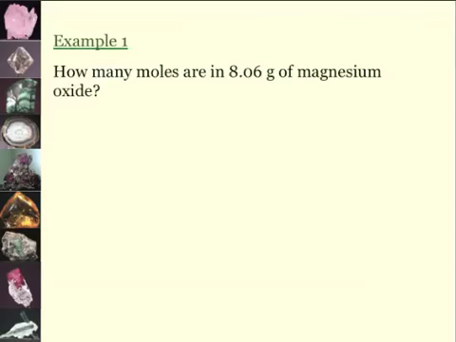So if we have an example here, example 1, how many moles are in 0.86 grams of magnesium oxide? Well, first of all, we have our mass, okay? We need to figure out our molar mass, and in this case, we figure that out by using our periodic table, okay? What we need to find out is the number of moles. So I'm going to use the following formula, okay?